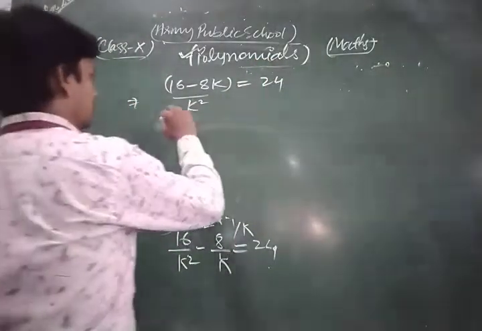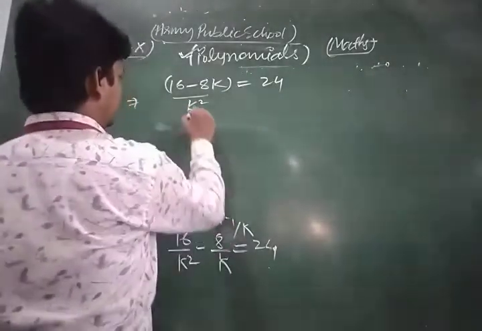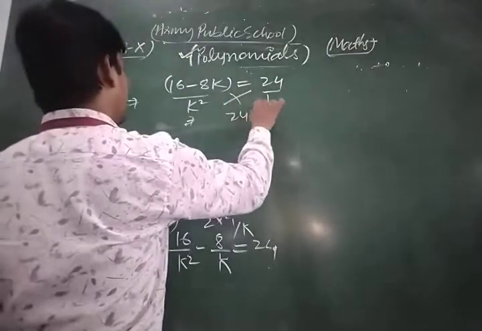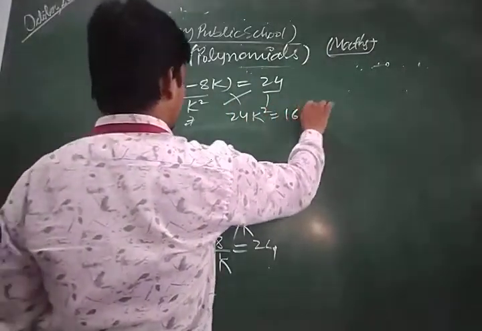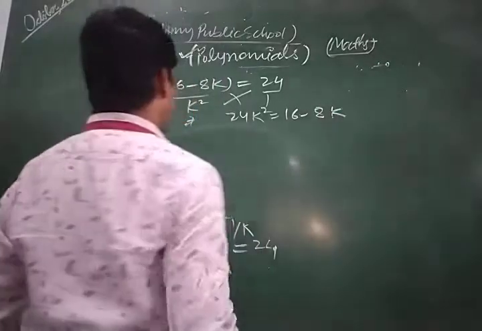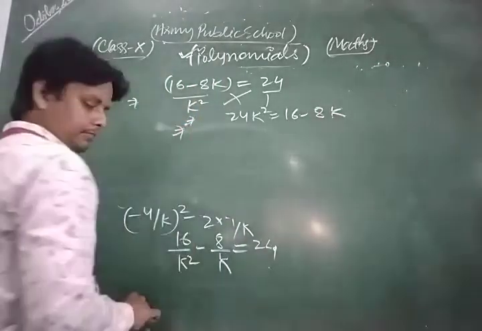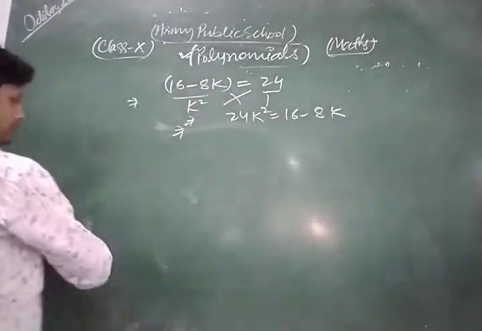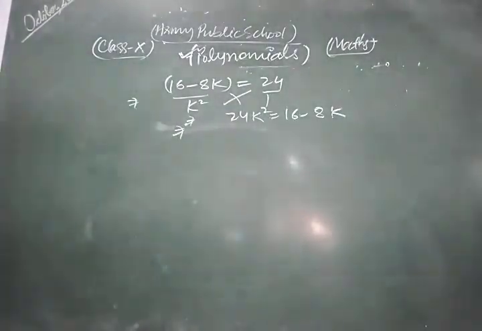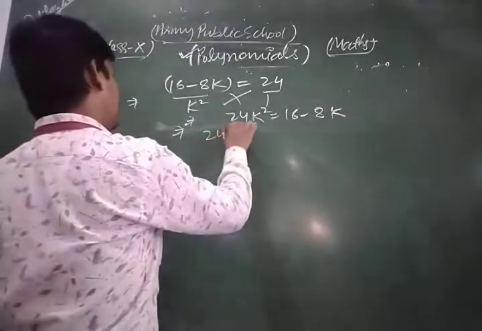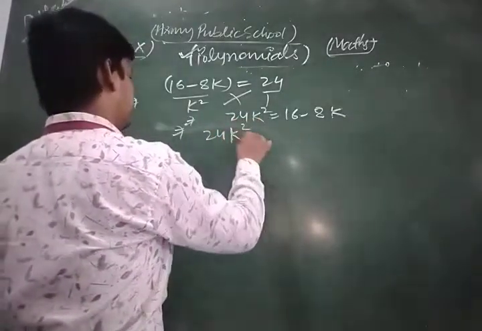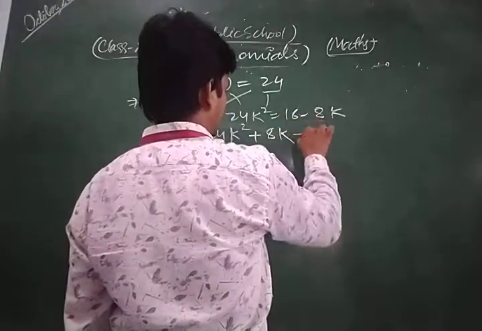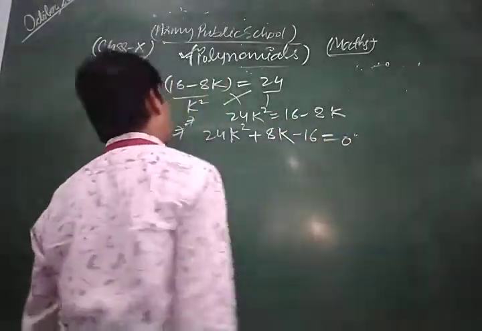Now we can do the cross multiplication, so this is 24 k square is equal to 16 minus 8k, or we can write 24 k square plus 8k minus 16 is equal to 0.